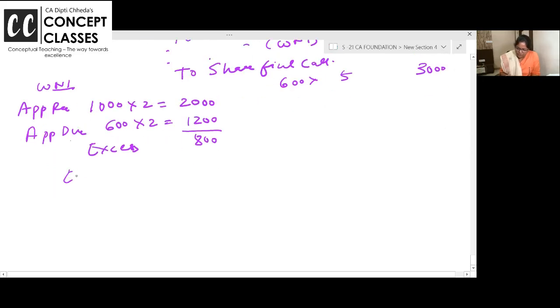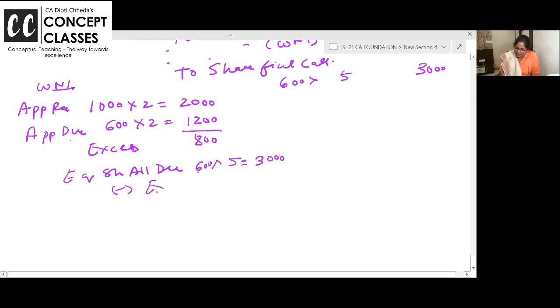Now, equity share allotment due. 1000 into 5, 5,000. By 1000, sorry. 600 only are allotted, no? 600 into 5, 3000.